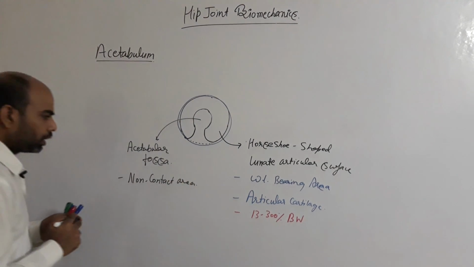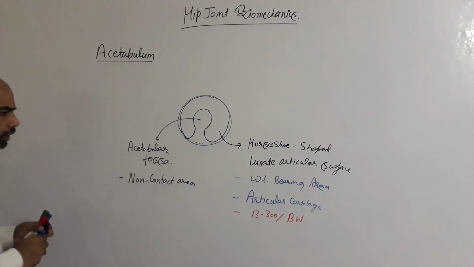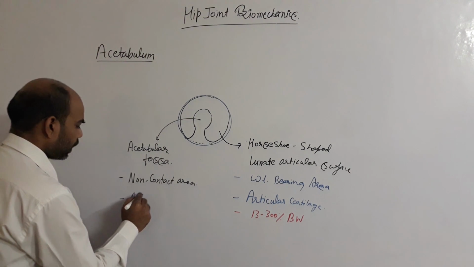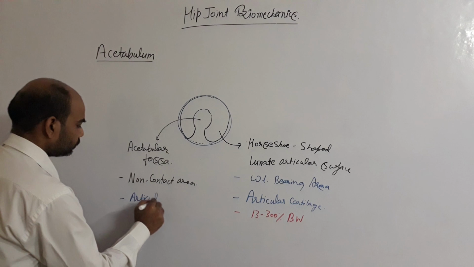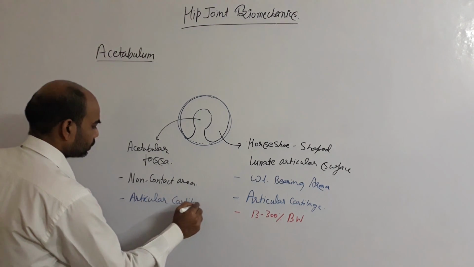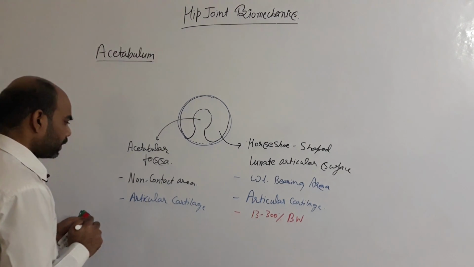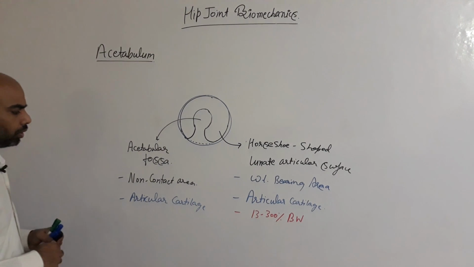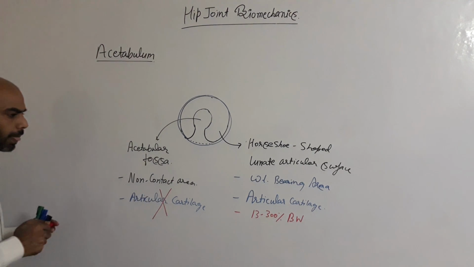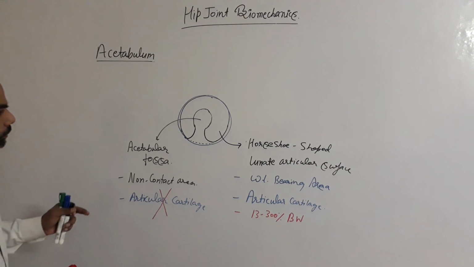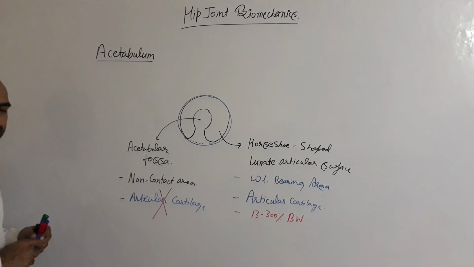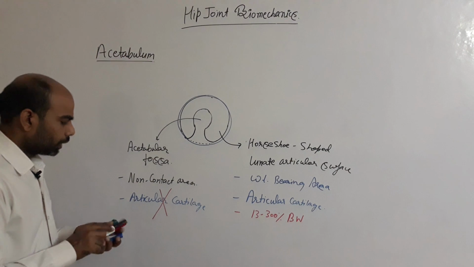Because it is a non-contact area, articular cartilage is absent in this area, so there is no articular cartilage in the central part. And this area contains the ligamentum teres.